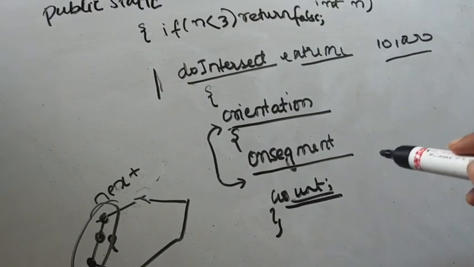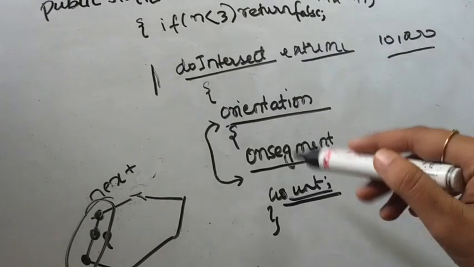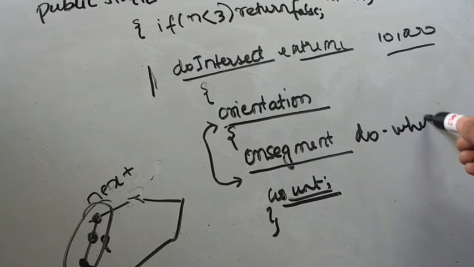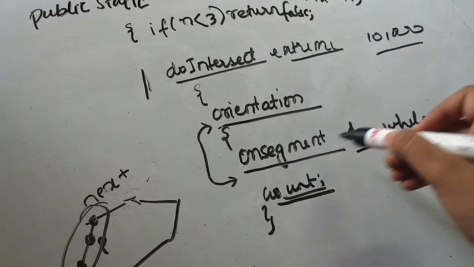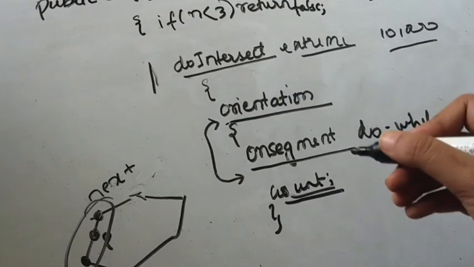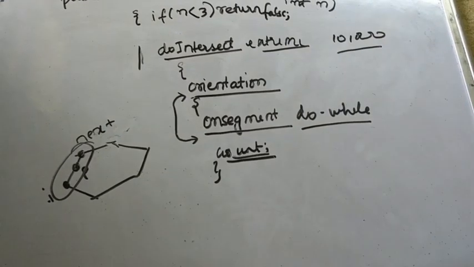So this is going to work in this particular order, and the loop I'm going to use is a do while loop. Why? Because even if one case is false, we can execute it once, right? We can run it once.